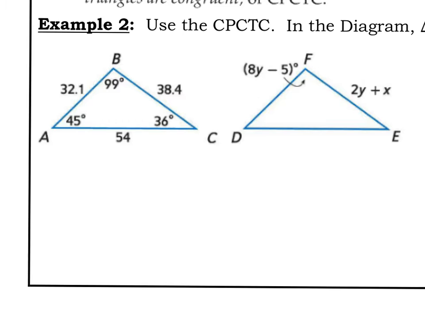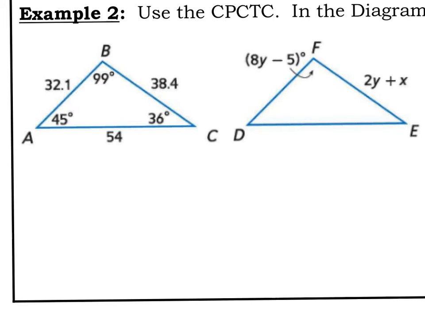So using that, let's figure out our missing variables here. Here I have 8y minus 5 for angle F. And so angle F is going to correspond with angle B. So I'm going to do 8y minus 5 equals 99. I'll definitely want to solve for y first here, because the expression with the x says 2y plus x.